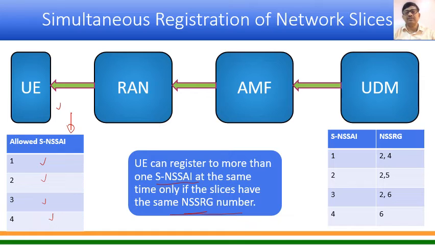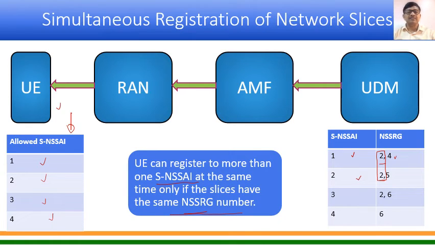So suppose in this particular picture, NSSRG2 has slice 1 and also slice 2. Similarly, NSSRG4 has slice 1 and so on. So what you see is common for slice 1 and 2 and also 3.